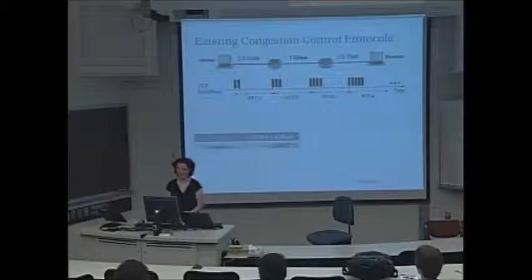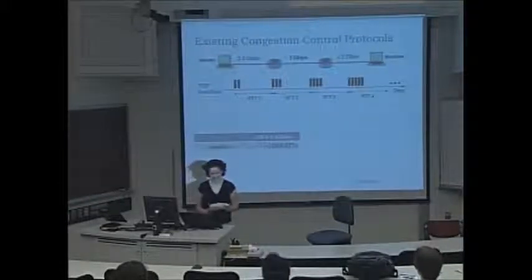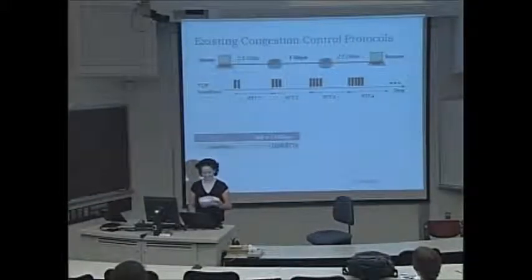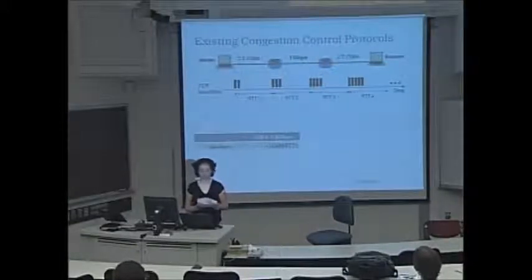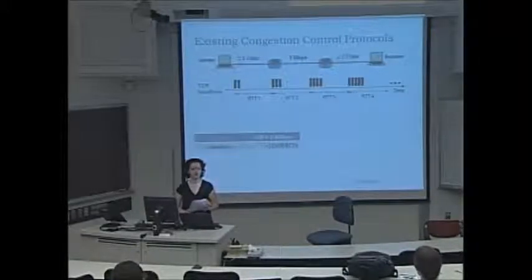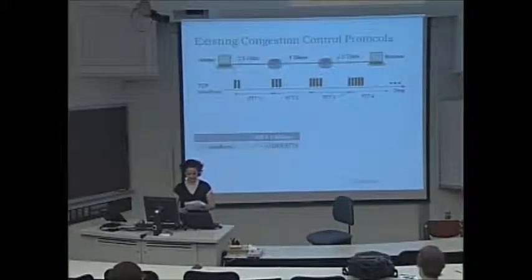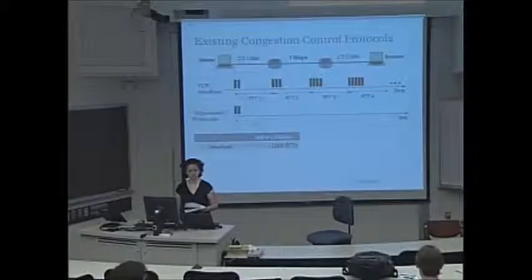If no packet losses have occurred, then it will increase its congestion window, or the number of packets that it will send out at any given time, and do so slowly until it detects loss, and thus can go backwards and avoid congestion.